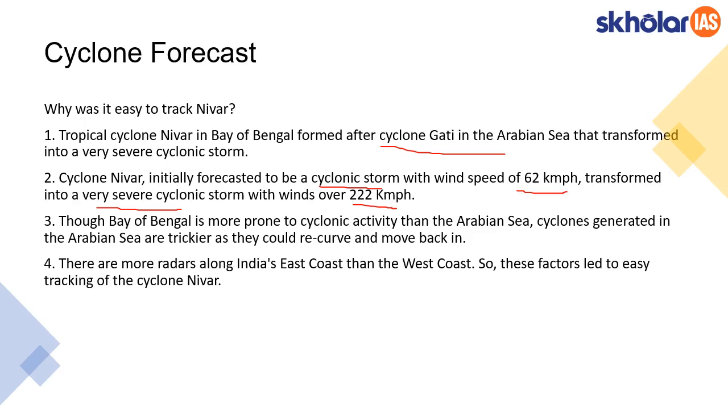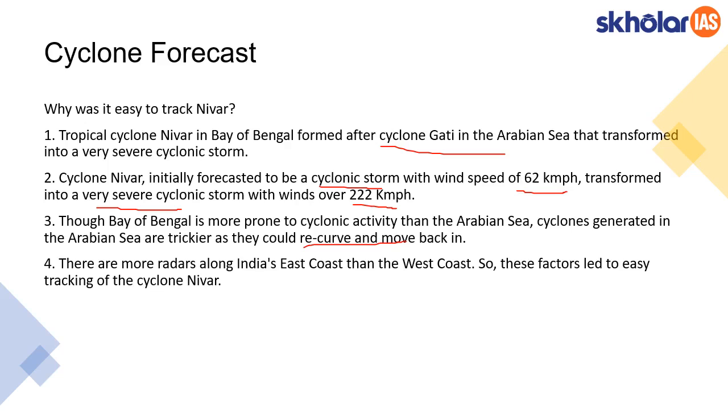So let's come back to the point of why it was easy to track Nivar. The first thing is, the Bay of Bengal is more prone to cyclonic activity than the Arabian Sea. But despite that, the cyclone Nivar formed in the Bay of Bengal was easy to track because, unlike in the Arabian Sea, where cyclones recurve and move back in, this doesn't happen in the Bay of Bengal.